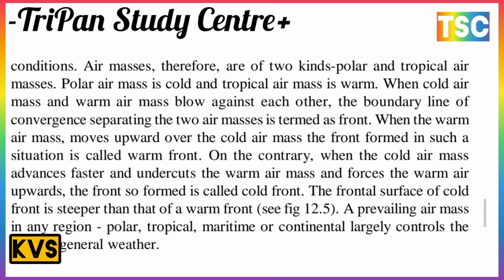In contrast, when the cold air mass advances faster and undercuts the warm air mass and forces the warm air upward, the front so formed is called a cold front. The frontal surface of a cold front is steeper than that of a warm front, as given in the figure.